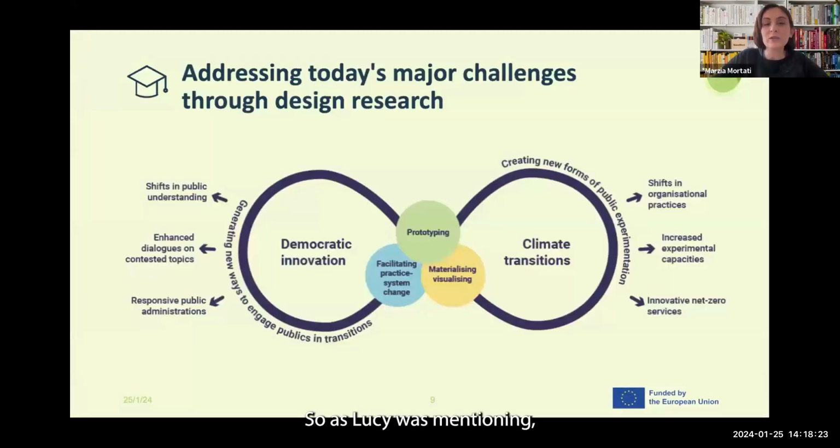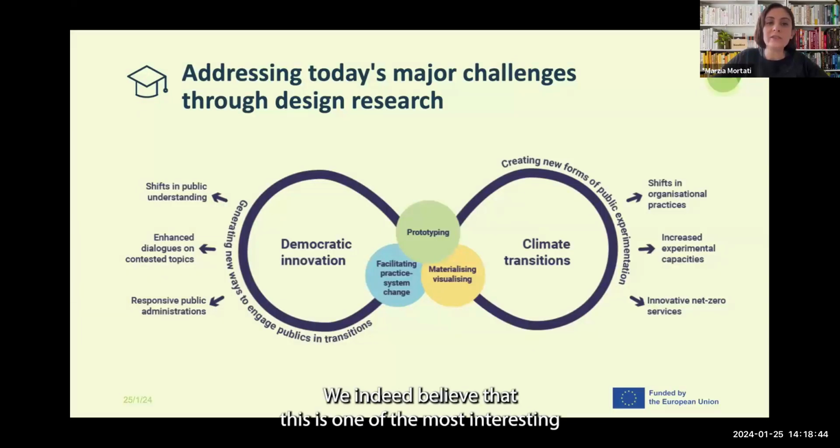So as Lucy was mentioning, the big ambition of this project and the network overall is to use design research as a springboard to investigate what happens at the crossroad between democratic innovation and climate transitions.